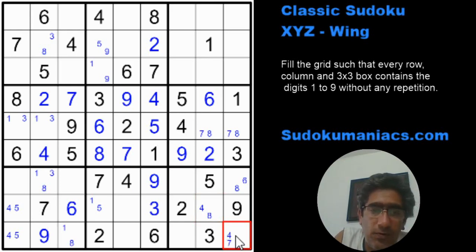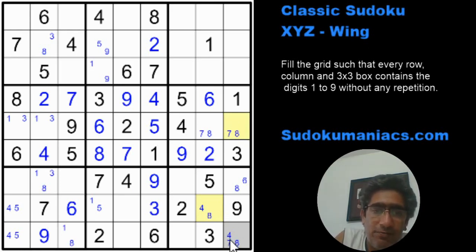And this was 4, 7, and 8 because 1, 2, 3 are available. 4 is not there, 5, 6, 7, and 8. And this is once again where we have our XYZ. These are the ends, XZ and YZ, and we have the pivot of it.